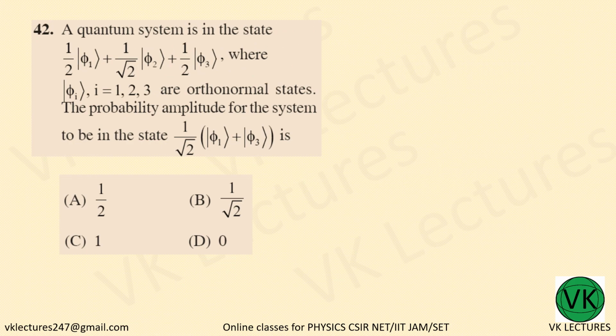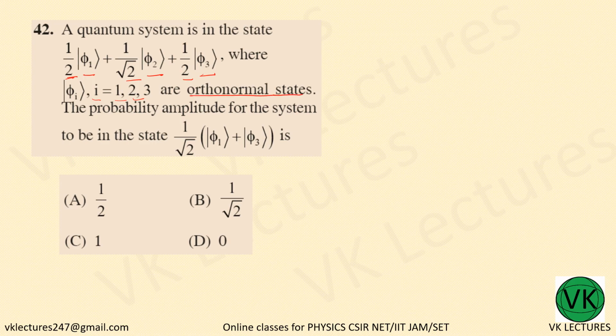A quantum system is in the state 1 by 2 into phi 1, 1 by root 2 into phi 2, 1 by 2 into phi 3. Now phi i, with i as 1, 2, 3, these are the states, are orthonormal states. What's the question?